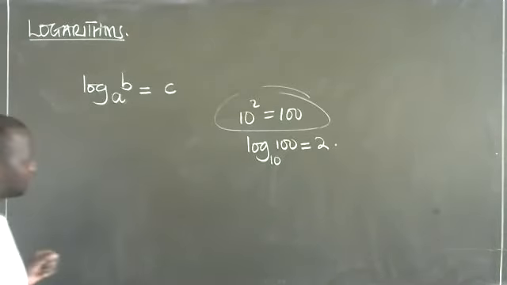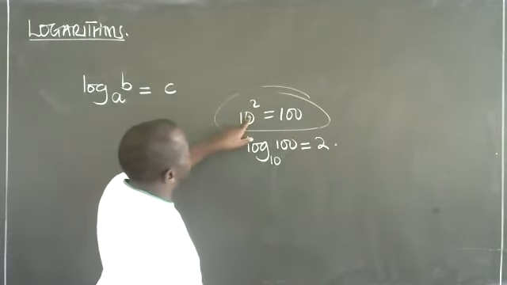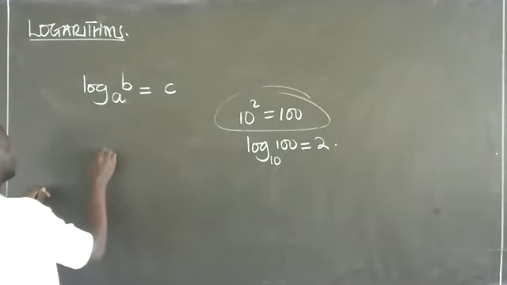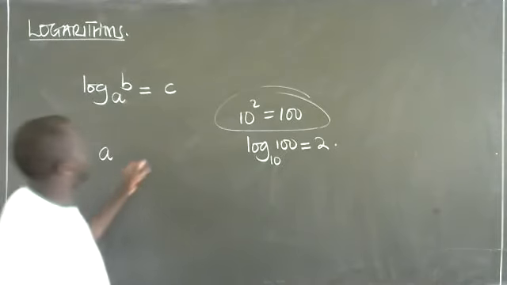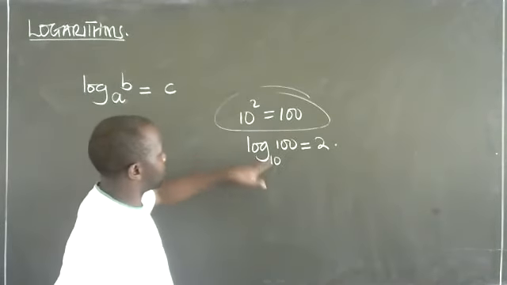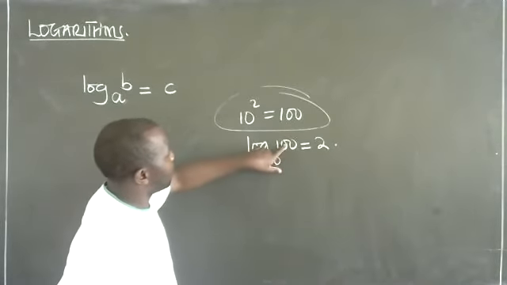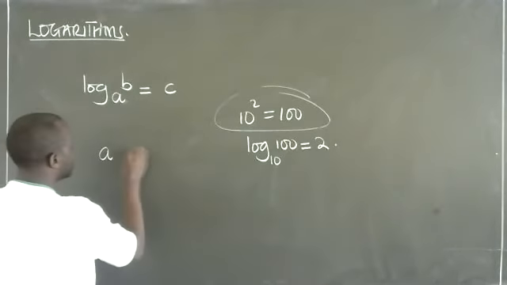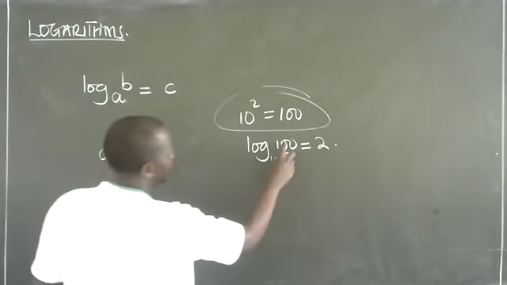You can use matching. Here the 10 was the base. Our base in this case is A. The 10, which is the base. The 100 is what is on the other side. So we are saying this one is equal to the 100.